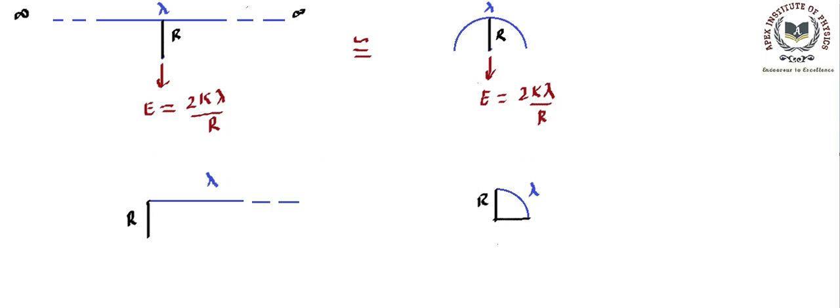Now we can further go ahead and relate the semi-linear charge distribution, the quadrant of the ring, as we did for this infinite charge distribution for the semi ring. We have already calculated earlier the field because of this semi-infinite charge distribution. It came out with two components.